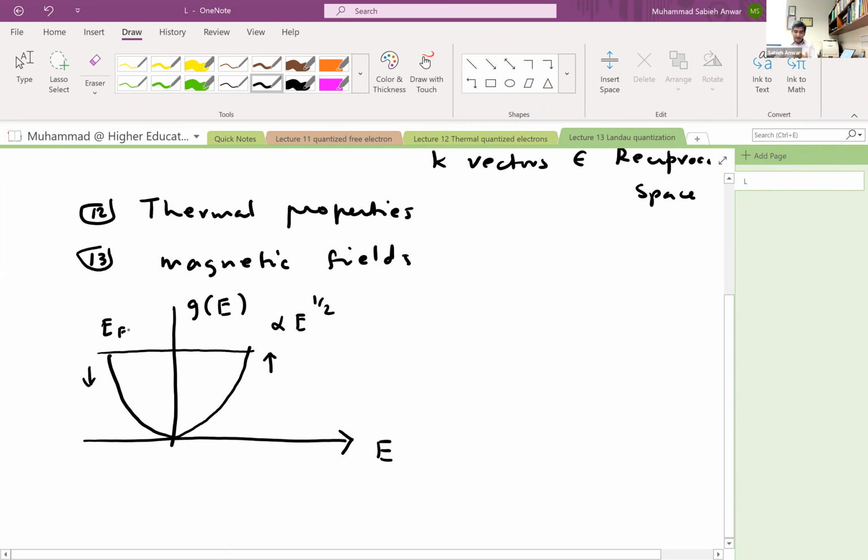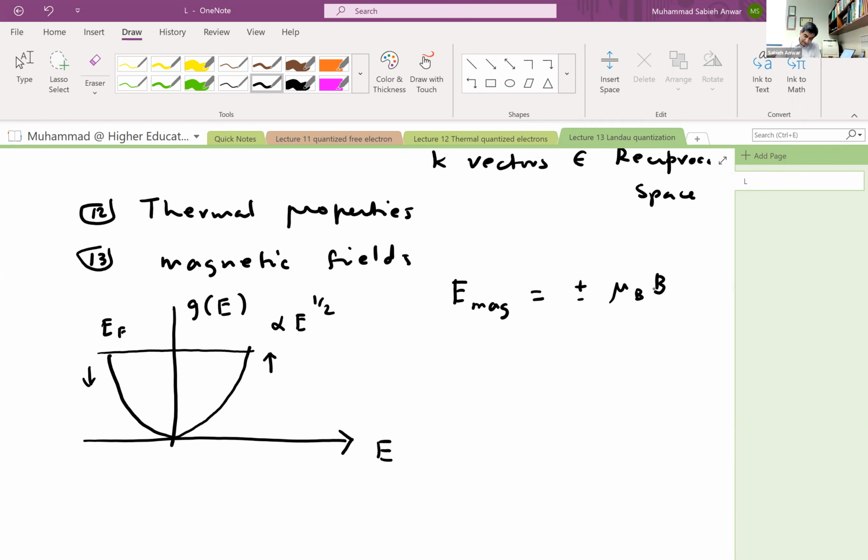Now, if I have a spin inside a magnetic field, its energy goes up or down. So if you talk about a single electron, the energy in the presence of a magnetic field can go up and down by mu B B, depending upon the direction of the spin with respect to the magnetic field.